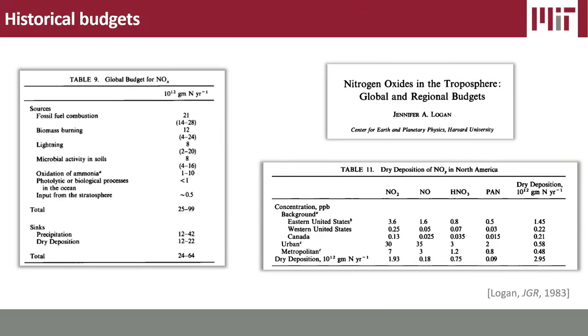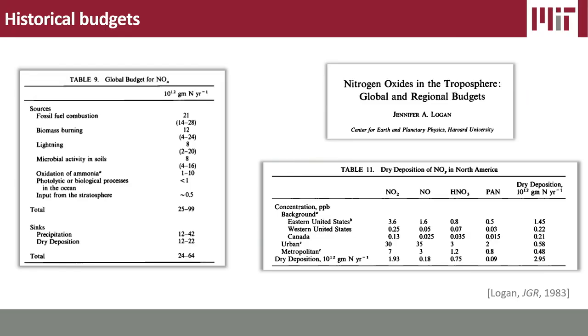I went back in time a little bit, so I'm going to spend some time on history. I pulled these couple tables from one of Jennifer Logan's papers from about 40 years ago, and she led the first study that did some of this work. And it's a really beautiful sequence of papers through the 80s. I recommend reading them. On the left-hand side, I've pulled a table that shows global sources of NOx, so both anthropogenic, as fossil fuel combustion, and natural sources, which we sort of now commonly understand, right?